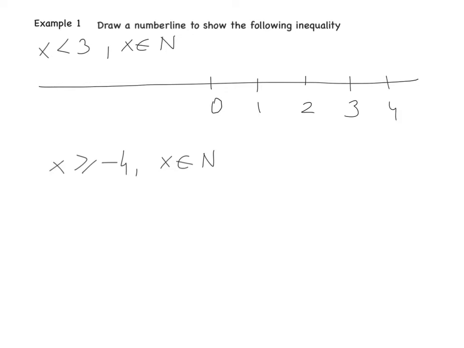As we can notice, x is a natural number. So you need to always look at it and check. Here we know that x is a natural number, so we don't even need to mark negatives on the number line. And we know that x is less than 3.